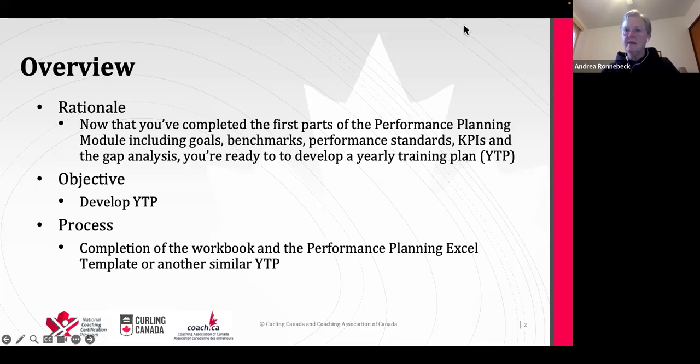So now that you've completed the first parts of the performance planning module, you've done the goals, perhaps benchmarks, performance standards, the key performance indicators, and the gap analysis. You're ready to develop a yearly training plan. This is such a good time of year to be doing this, because we're just coming out of one season, and many of you will be in a transition period at the moment.